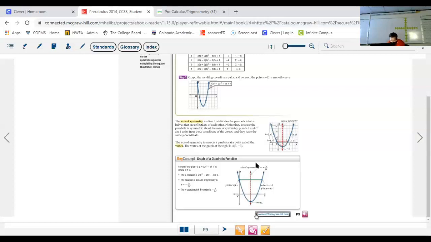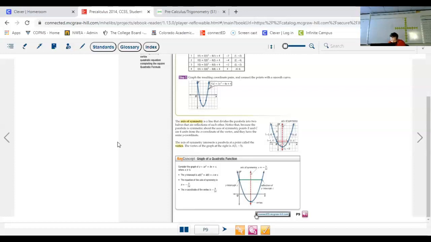That's the place where it is going to cross the y-axis, and that's because the y-axis is located where x is equal to 0. So in order to find the y-intercept, we would always plug in 0. But then the key thing is the equation of the axis of symmetry is x equals -b over 2a.